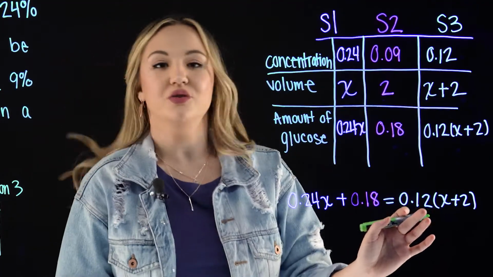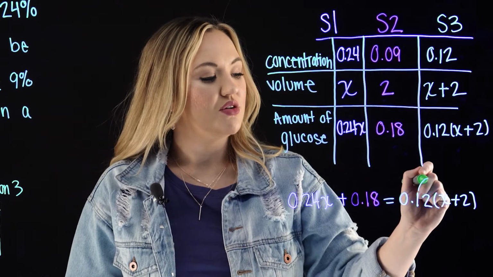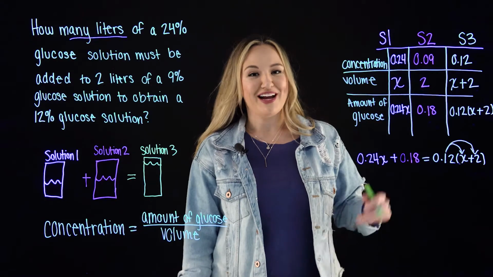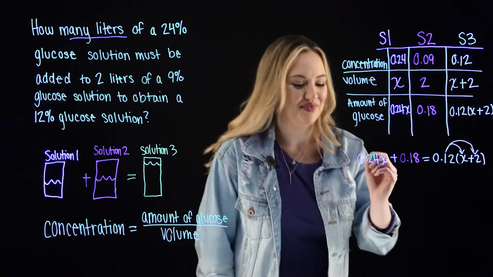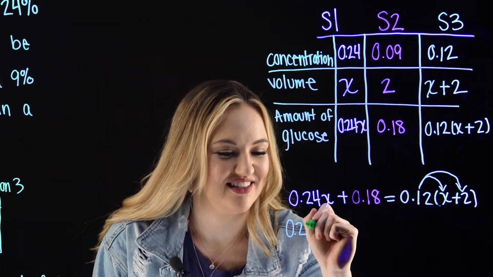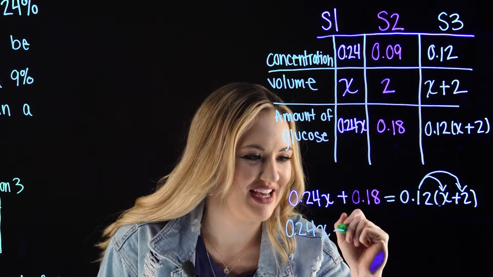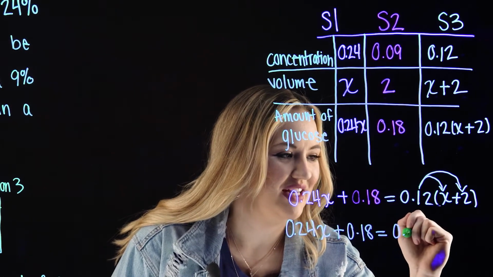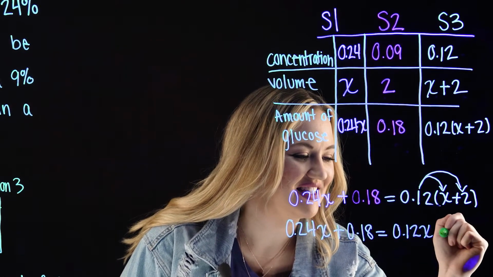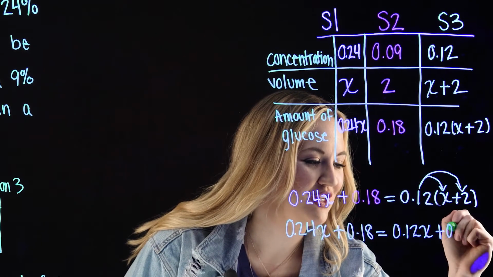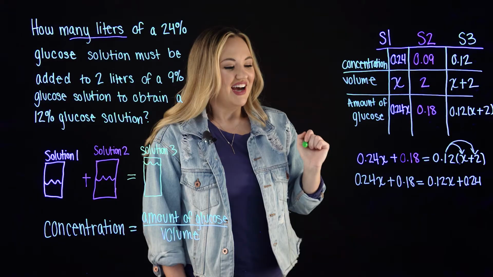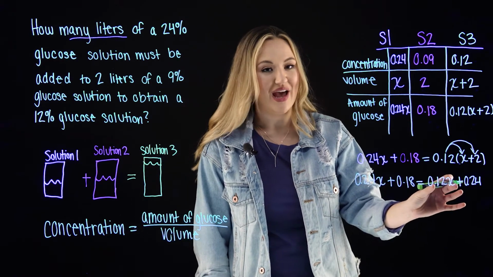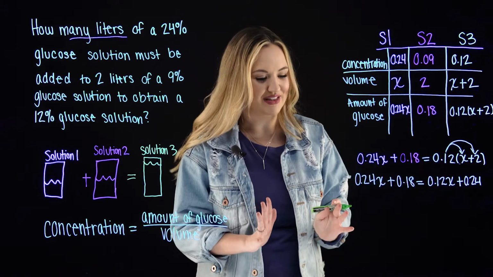The first step is to distribute 0.12 to x plus 2. After distributing, we get 0.24x plus 0.18 equals 0.12x, and then also plus 0.24. Now let's subtract 0.12x from both sides to start getting x on one side.